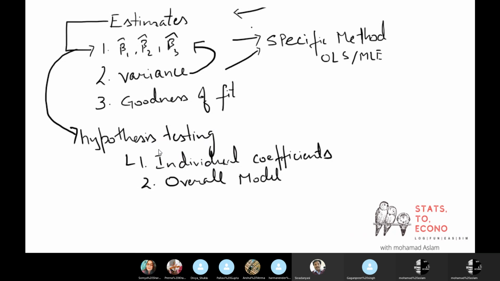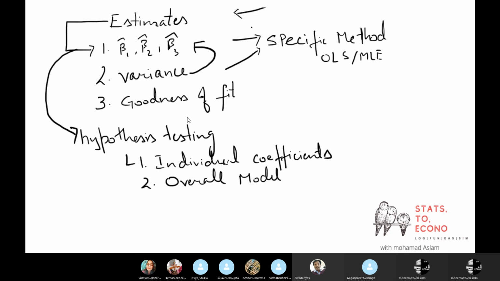For that, we need hypothesis testing. And for the overall significance of the model, again, we need hypothesis testing. So with these estimates, we also need the variance of these estimates, goodness of fit, and hypothesis testing for the individual significance of these variables and the overall significance of the model.